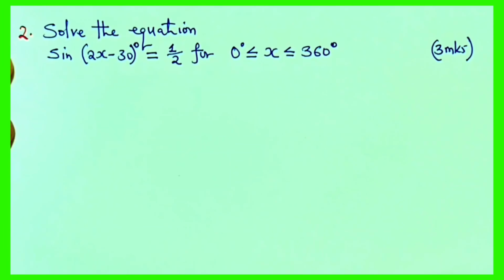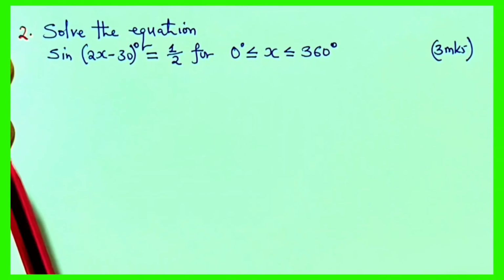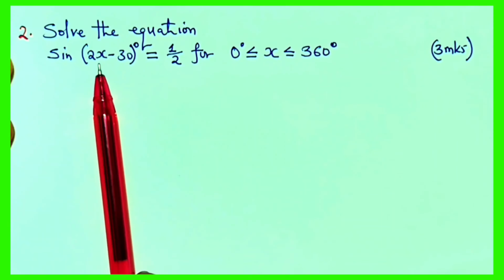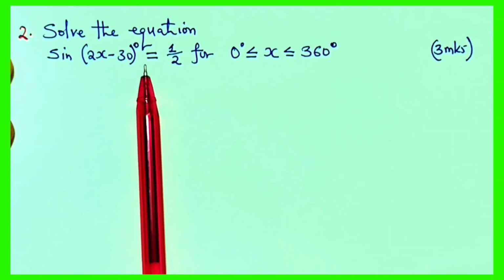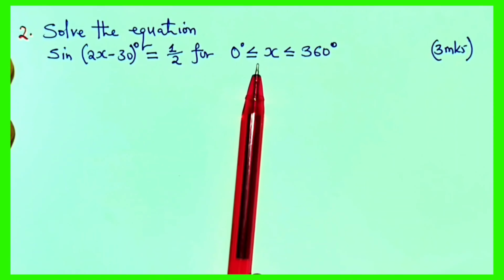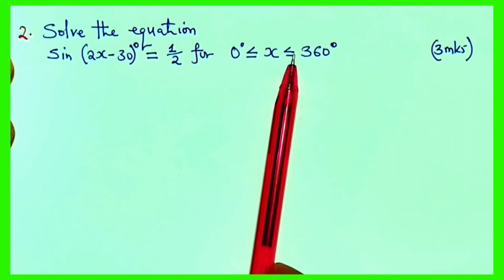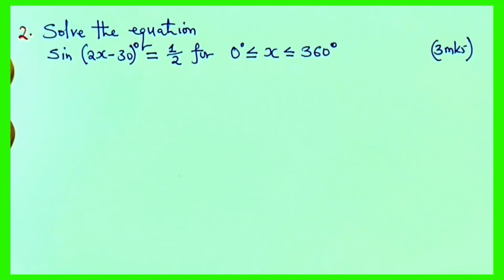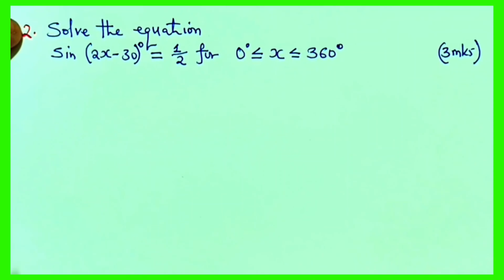Question 2. Solve the equation sine of bracket 2x minus 30 degrees will be equal to a half for 0 degrees is less than or equal to x, and x is less than or equal to 360 degrees. 3 marks. Solution.